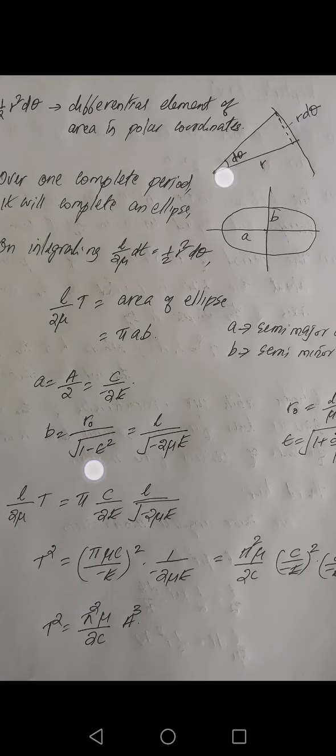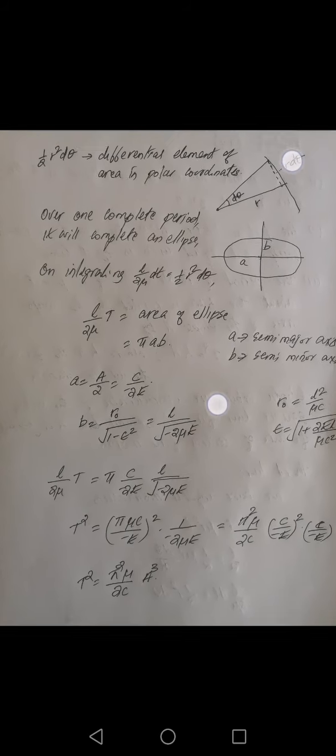If you look closely, it looks like a triangle. We know the area of a triangle is half into b into h. Therefore the area of this one is half into r into r d theta, that is half r squared d theta. Therefore half r squared d theta is actually the differential element of area in polar coordinates. r and r d theta are used as elements in polar coordinates.